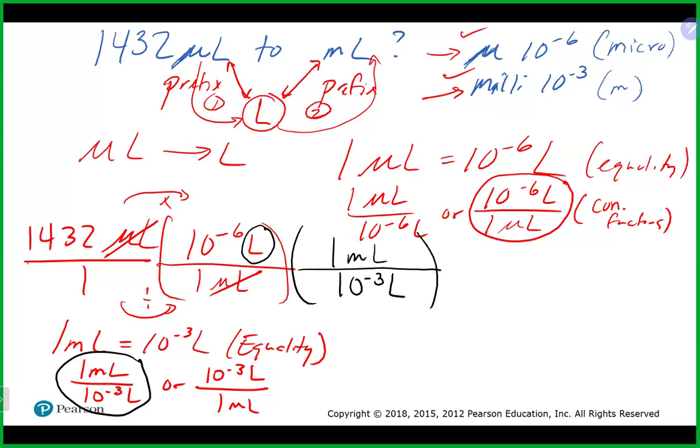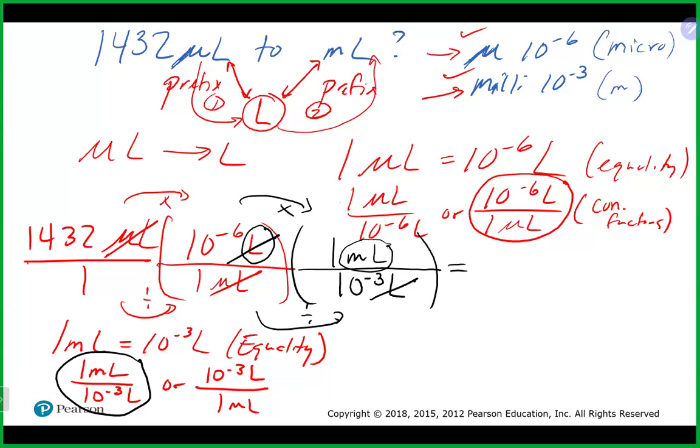All you have to remember is everything on top gets multiplied. So I'm still multiplying on top. Everything on the bottom gets divided. And when I divide that, liters on top and liters on the bottom go away. The only unit left standing is milliliters up on top, which is what I want. I got nothing left to go because that's where I want to end, right?